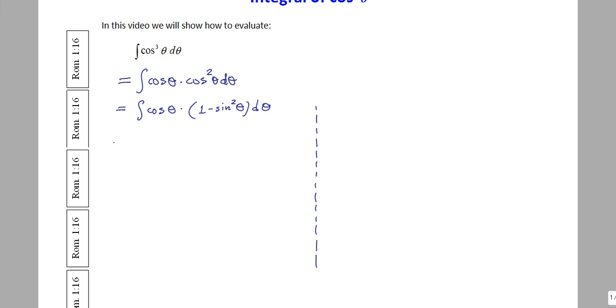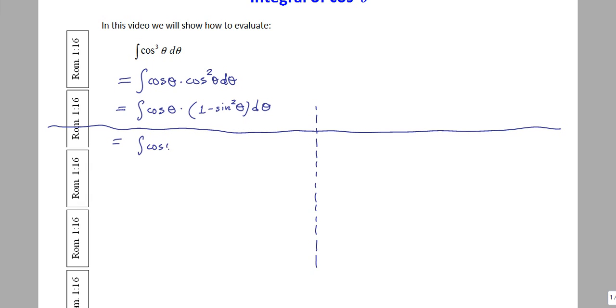So we have the integral of cos theta d theta minus the integral of cos theta times sine squared theta d theta.